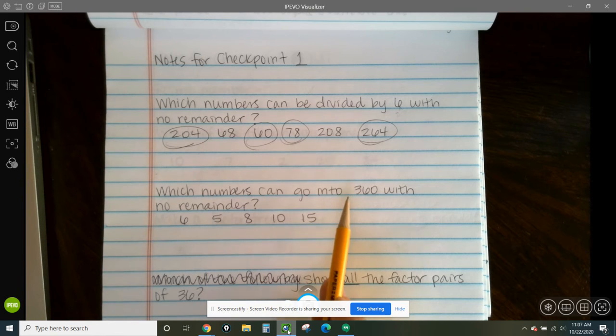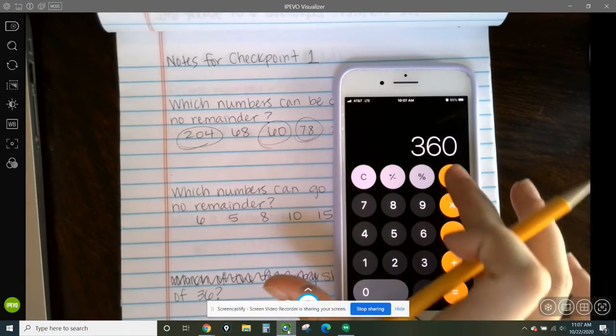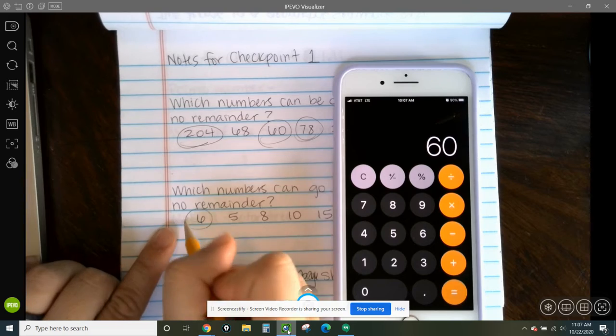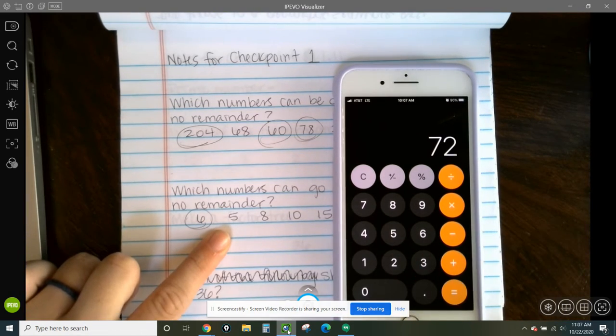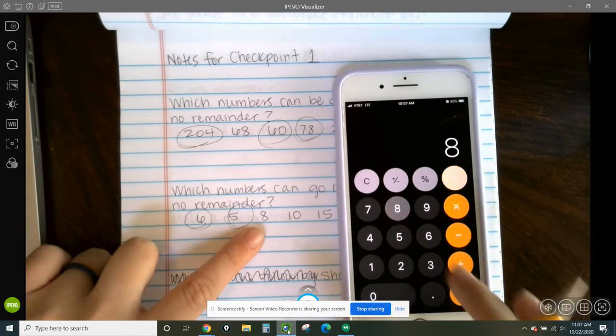Which numbers can go into 360 with no remainder? So if I do 360 divided by these numbers, which ones go in evenly? Again, let's just use the calculator. 360 divided by 6 came out evenly, so no remainder there. 360 divided by 5, yep, came out evenly. How about 360 divided by 8?